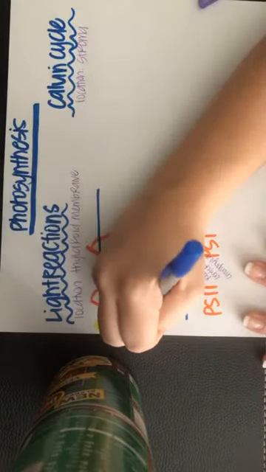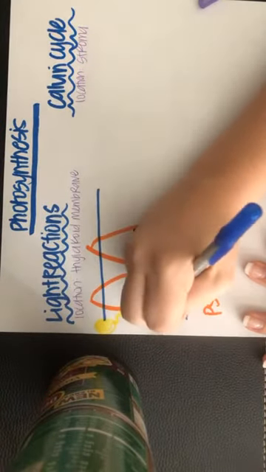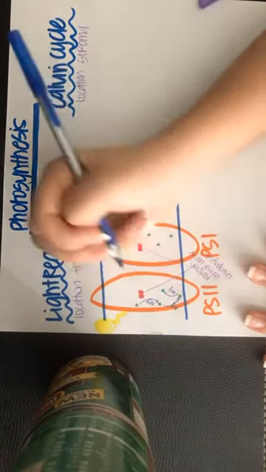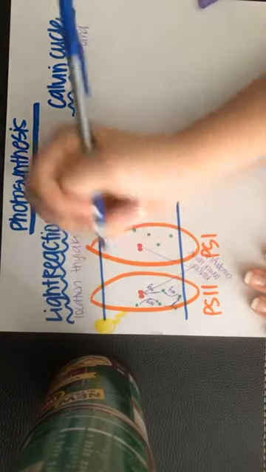And so what we see here is that the energy is going to get passed from one pigment to the next pigment, funneling this energy until they finally get the energy to the reaction center complex.